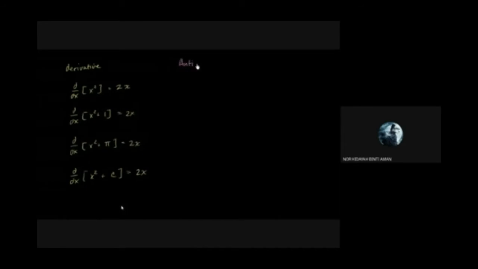Now let's go the other way around. Let's think about the antiderivative. One way to think about it is we're doing the opposite of the derivative operator. The derivative operator, you get an expression and you find its derivative. Now what we want to do is, given some expression, find what it could be the derivative of.